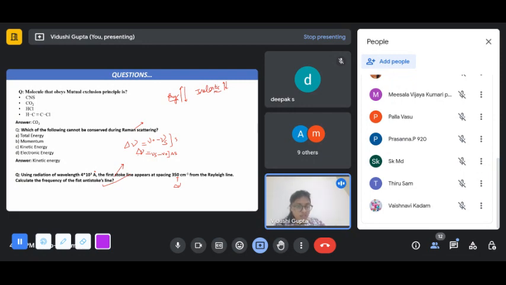For anti-Stokes, you know this formula: Raman shift is equal to frequency of scattered minus frequency of incident radiation.